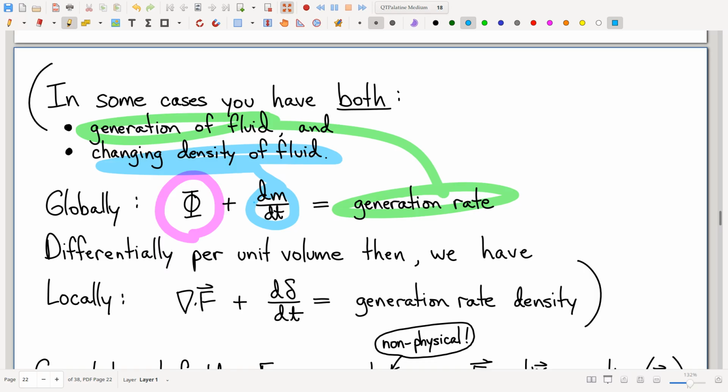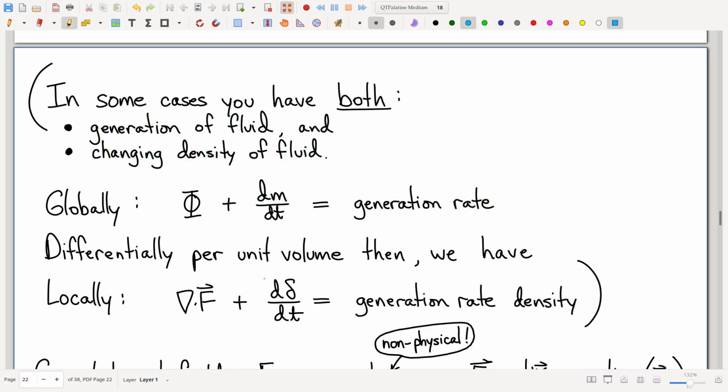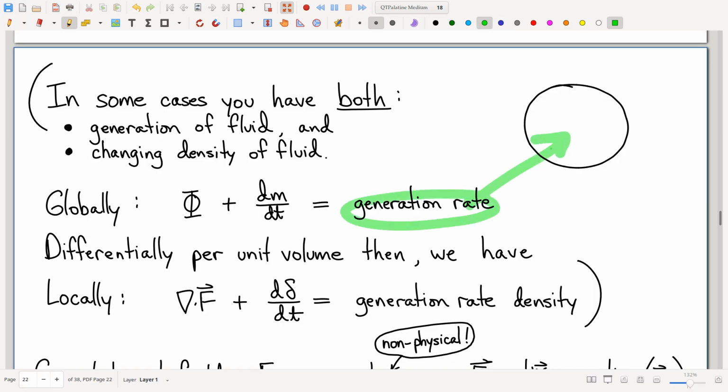My picture for how to think about this is if you have some region, maybe I'll add this at some point. If you are generating fluid, and I'm going to represent the generation of fluid by fluid being inserted into the region, there's really only two things that can happen.